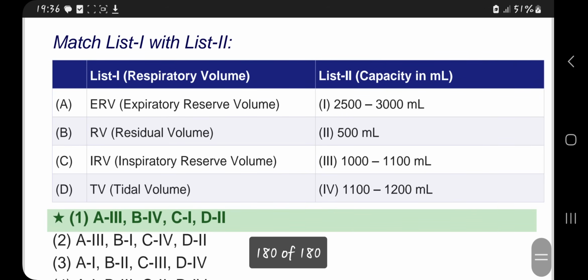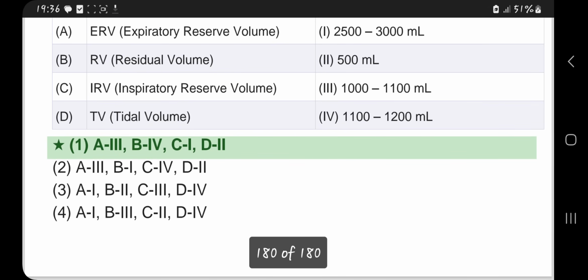A, expiratory reserve volume, 1000 to 1100 ml. Then B4, residual volume, 1100 to 1200 ml. Inspiratory reserve volume, C, is 2500 to 3000 ml. Tidal volume is 500 ml, D2. So first option is the correct one.